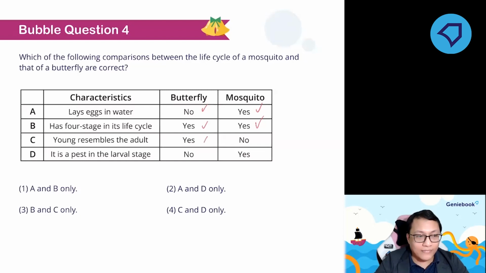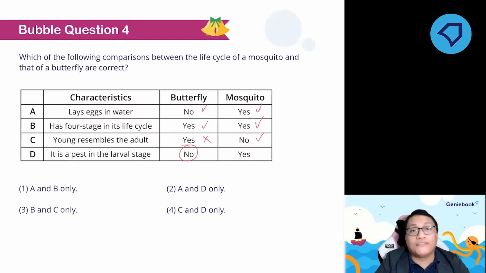No. Okay, so for mosquito, the young doesn't resemble the adult. It is a pest in larval stage. Okay, no. Do you think this one is correct or false? Why is it false?